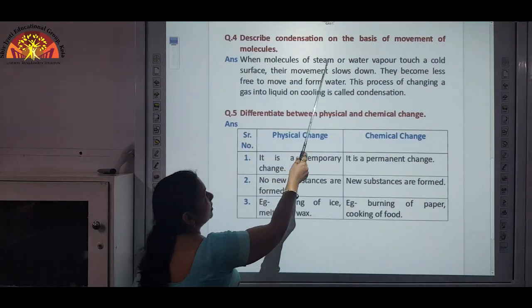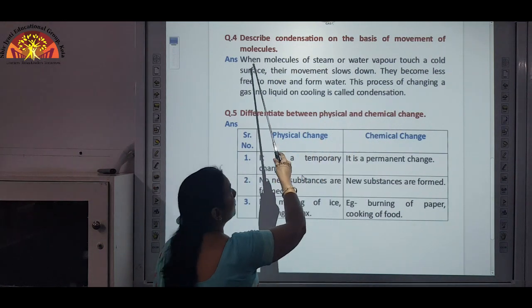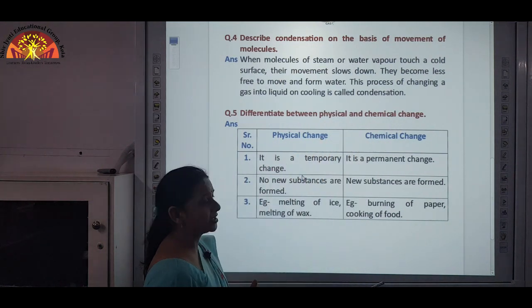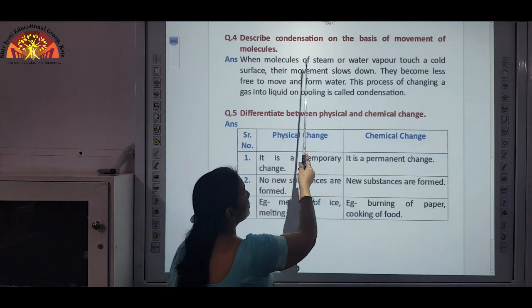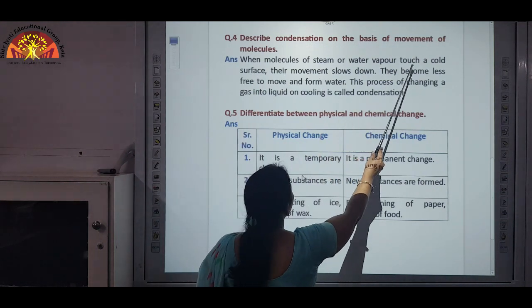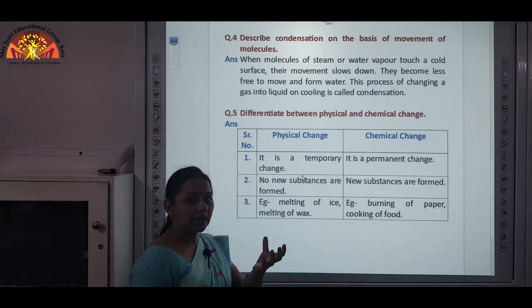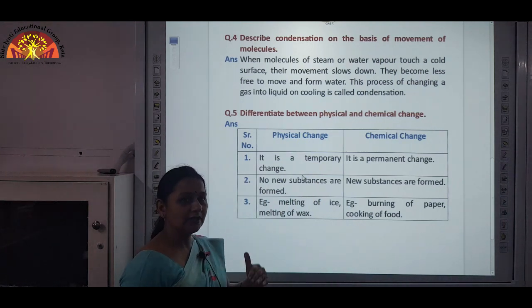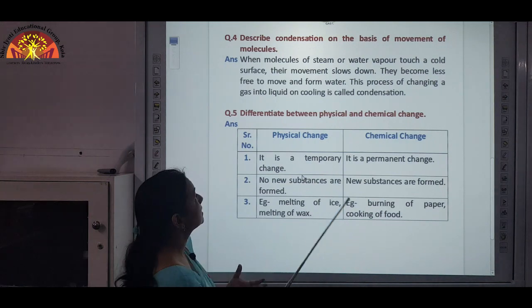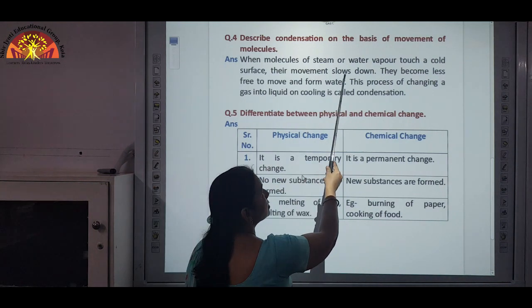Our next question, describe condensation on the basis of movement of molecules. Now, how does condensation take place? When molecules of steam or water vapor come out of the hot liquid and touch a cold surface, their movement slows down.